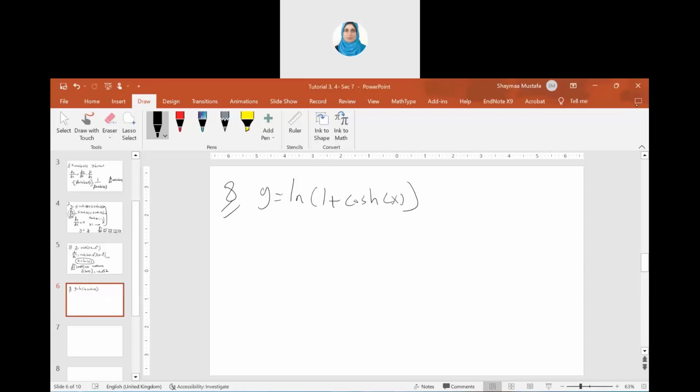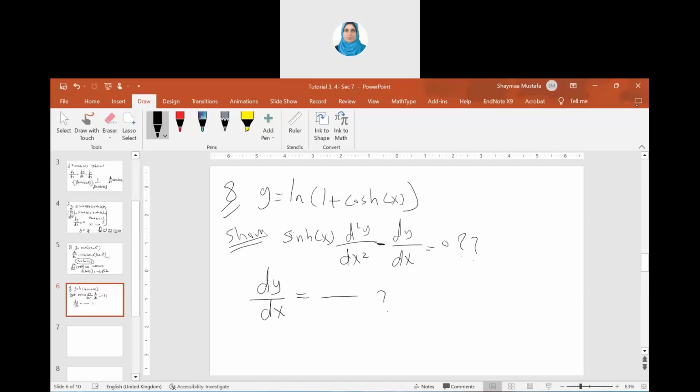So now you need to show that sine x d square y over dx square minus dy over dx equals 0. You need to prove this one. So first you need to find dy over dx.